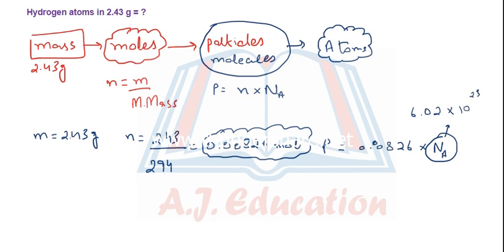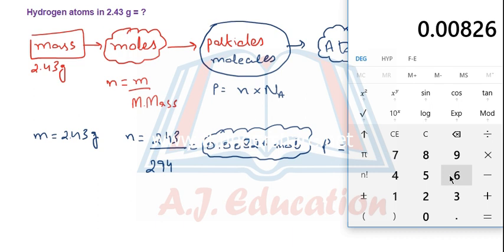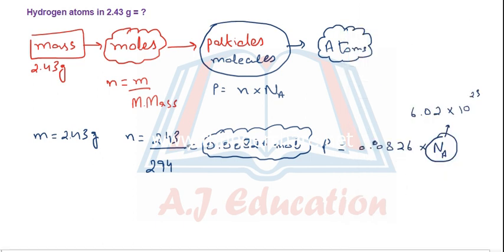Let's just calculate that as well. 0.00826 multiplied by 6.02 is equal to 0.0497. I haven't multiplied the value 10 raised to power 23. I'm just going to write it down here just like that.